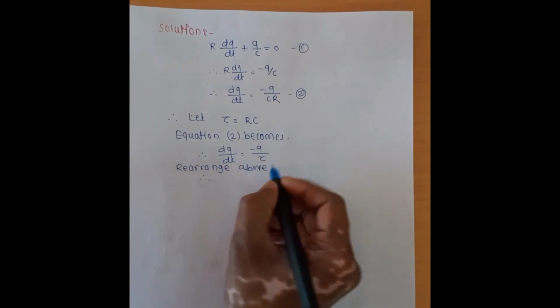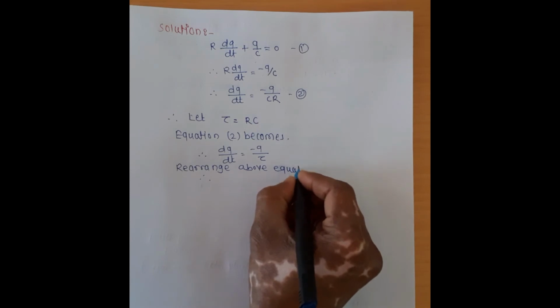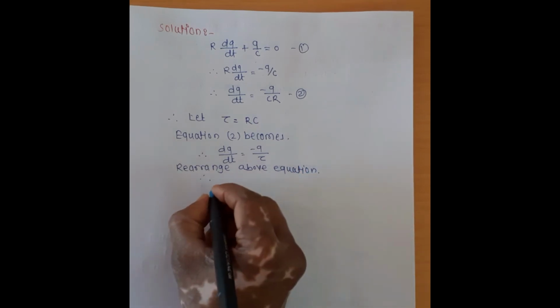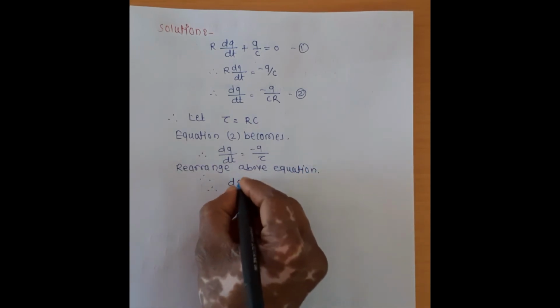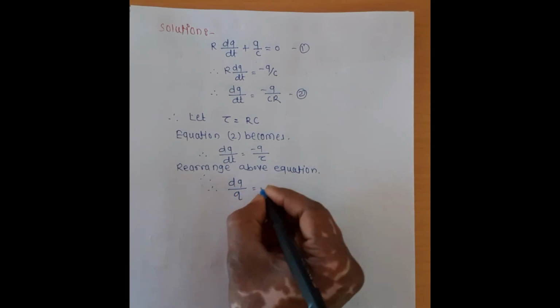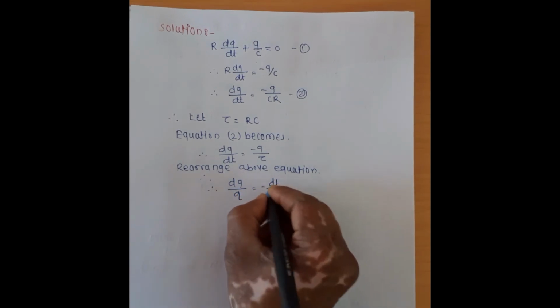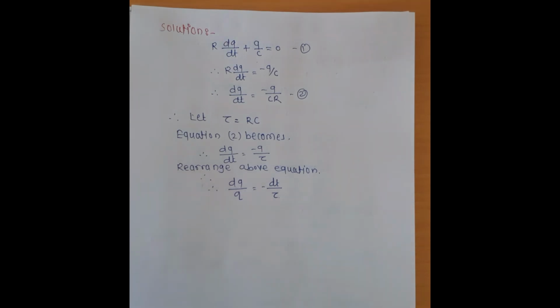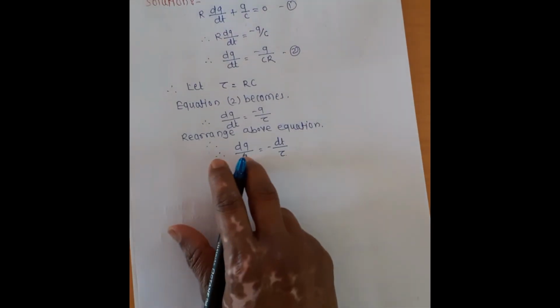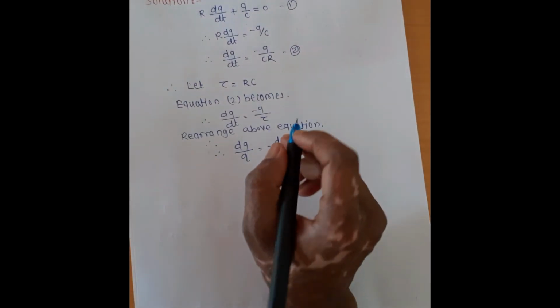What we get is dq by q is equal to minus dt upon tau. Okay, so this tau is related to time also.